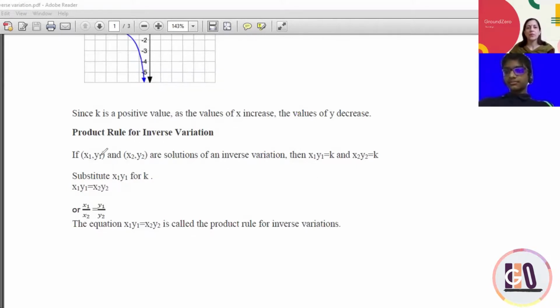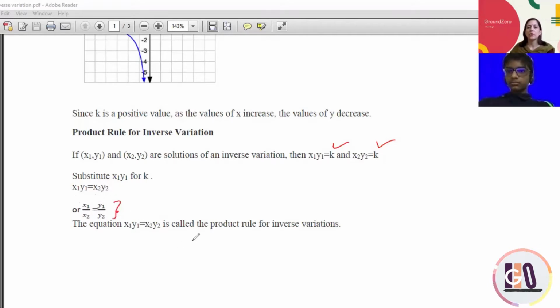So x1, y1 is one set of variables, and x2, y2 is another set. So x1 into y1 is equal to k, and x2 into y2 will also be equal to k. I'll show you an example later when we do the problems. Here we find x1 y1 is equal to x2 y2 because both are equal to k. So you can say x1 upon x2 is equal to y1 upon y2.